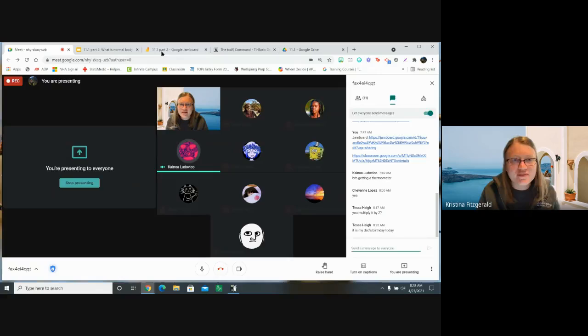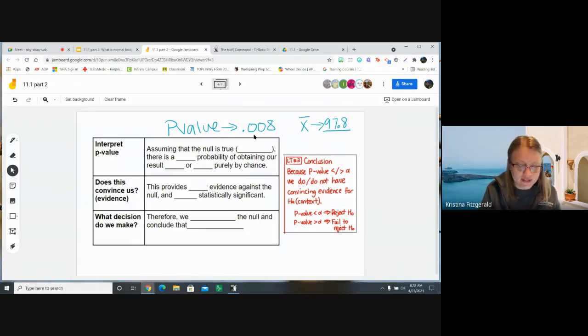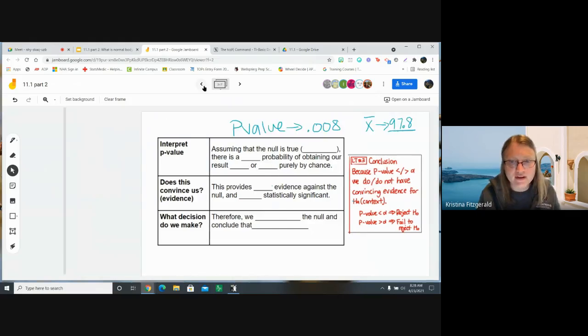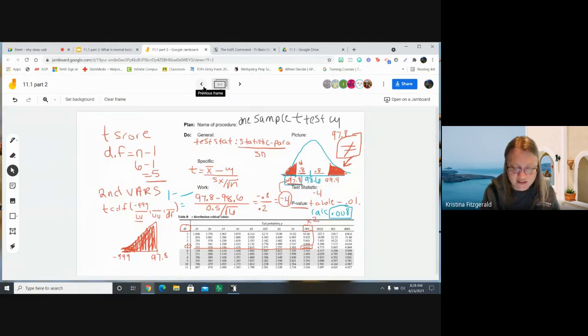I could. So basically, we looked at the chance of getting a value of 97.8. We looked at the chance of getting this value or less than this value. Or we didn't care which way because we did not equal to. So we could also look at the other option, which is a temperature of 99.4 or greater than that.